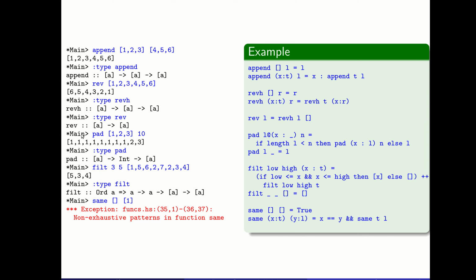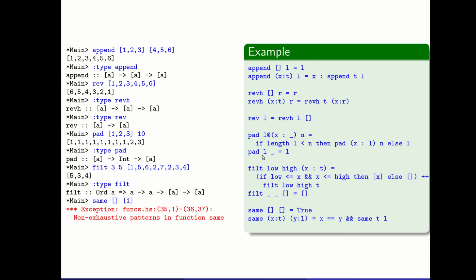You see it repeats the head of the list however many times are needed until the list's length matches that padding number. If the list's length is greater than or equal to n, then we'll return just that list. And in all other situations, which really only means the empty list, then we'll return L.